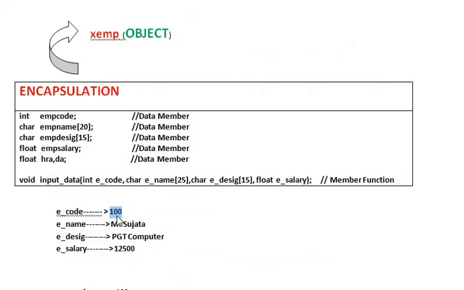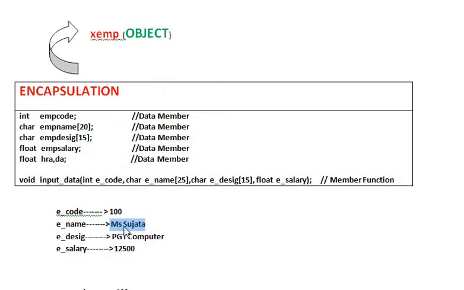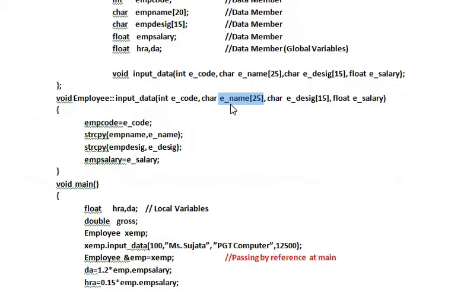As the value was 100, 100 shall be assigned to emp_code. Again, the value of the parameter e_name, which was Ms Sujata, shall be copied into the data member emp_name through the help of the strcpy function.